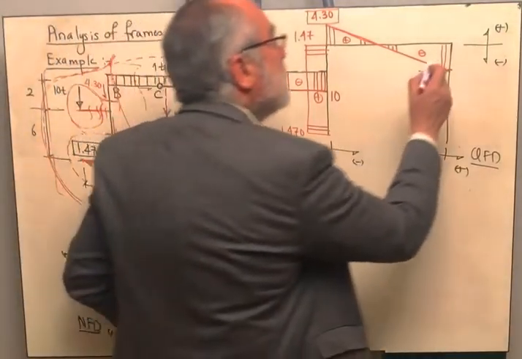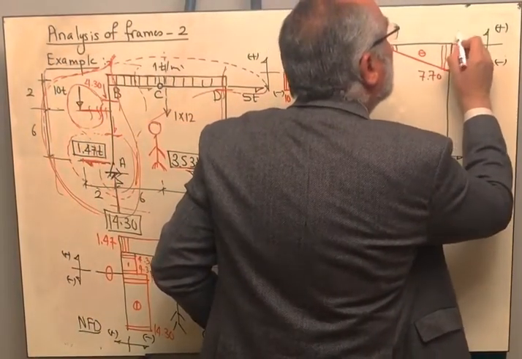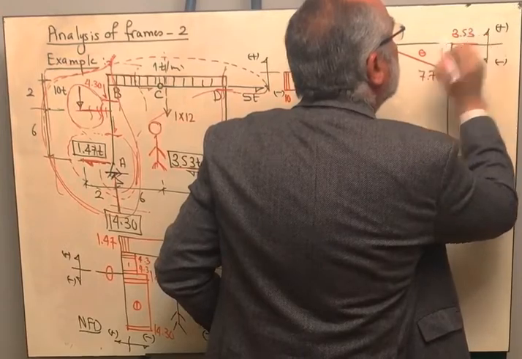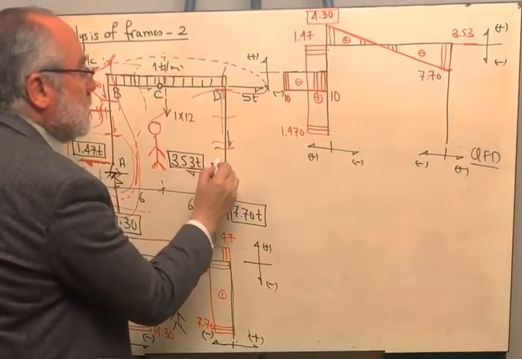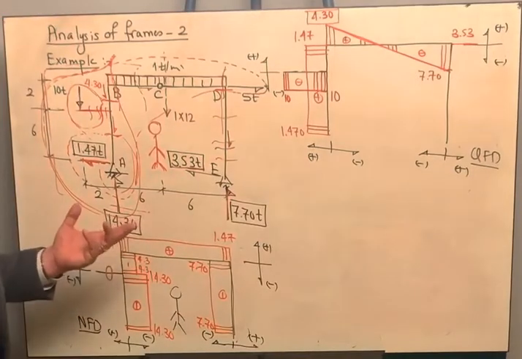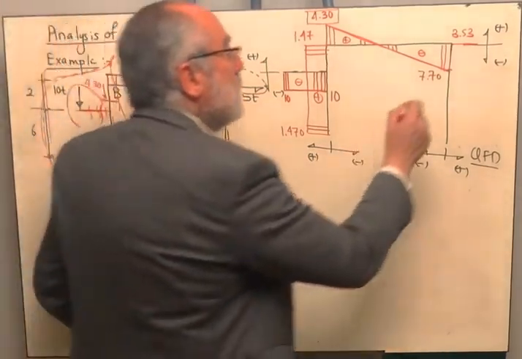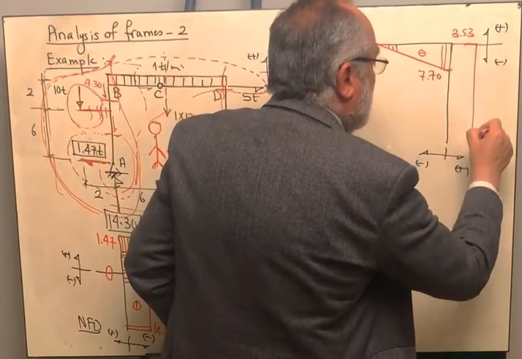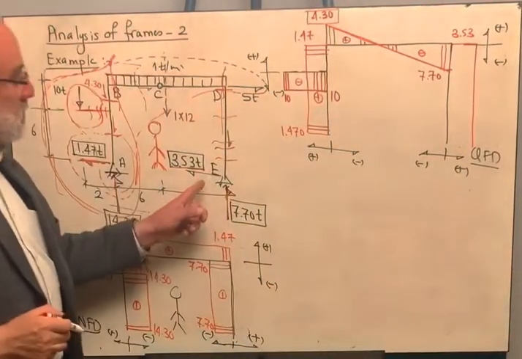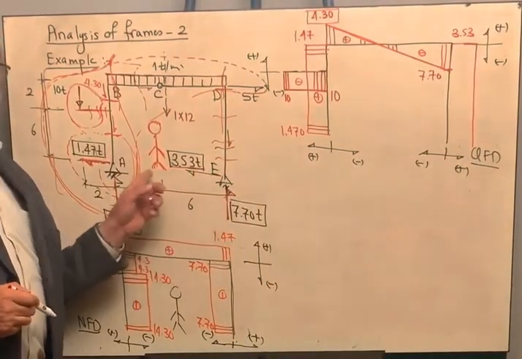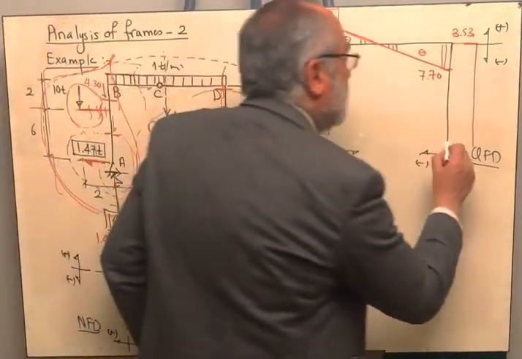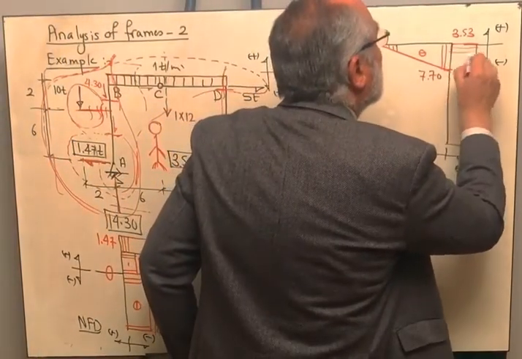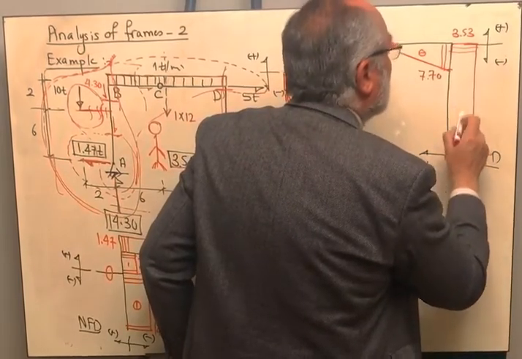Here I'm having positive 3.53. If you are taking a section here, or a section here, or a section here, there is no difference. It is the same. Therefore, I will have here a constant value, and then we will face the 3.53. It is pointing downward, so it will get us back to 0. Therefore, this will be the magnitude of the shear diagram.